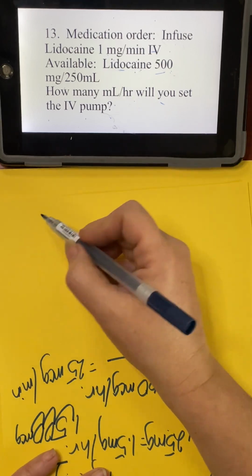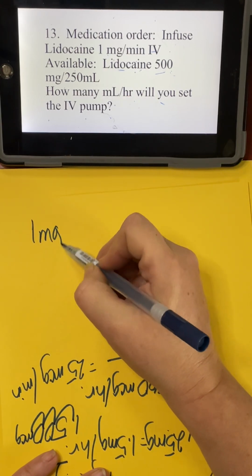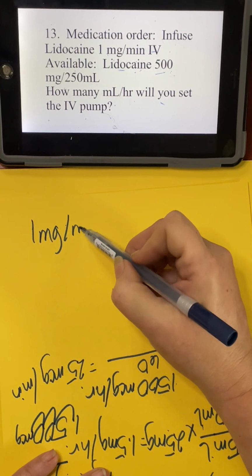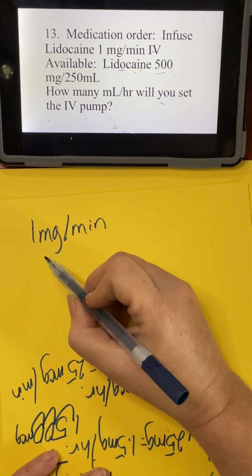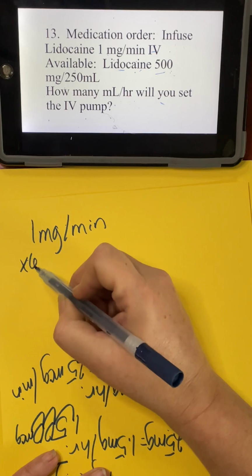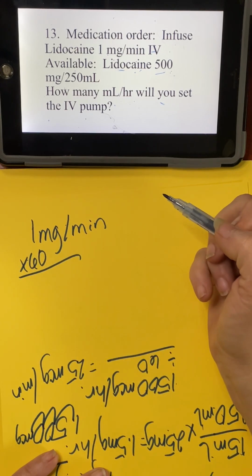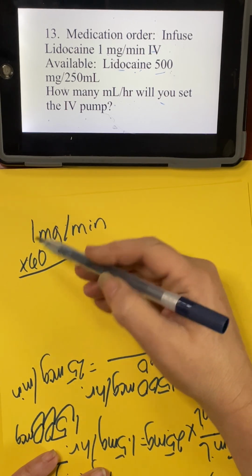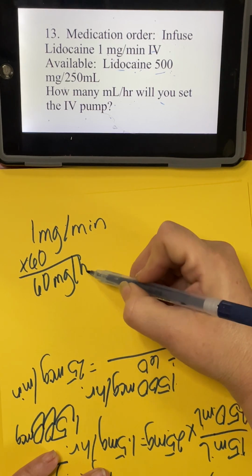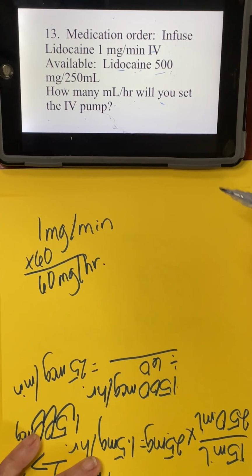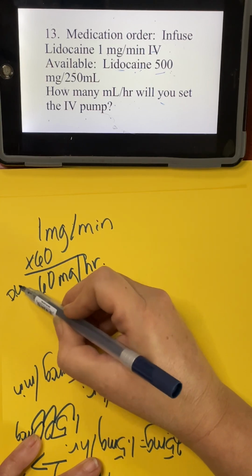So what he wants is for them to get 1 milligram a minute. But we got to calculate it in hours. So what are we going to do? We're just going to multiply this times 60. You see that? And then 60 times 1 would be 60 milligrams per hour.